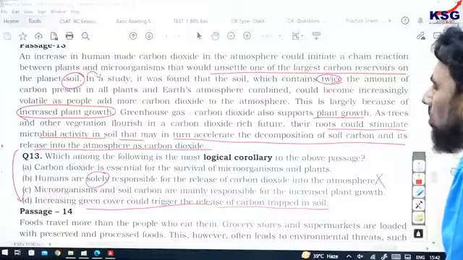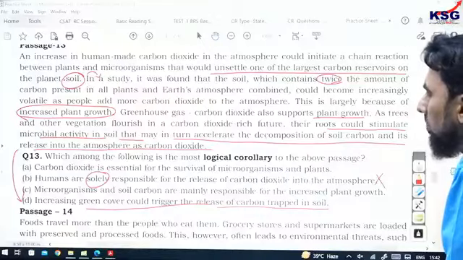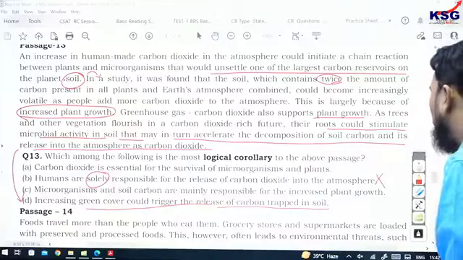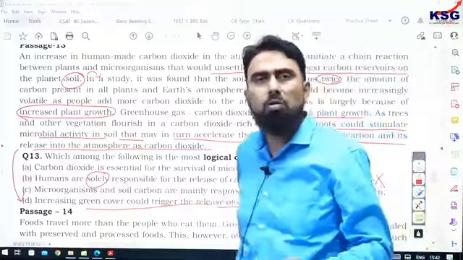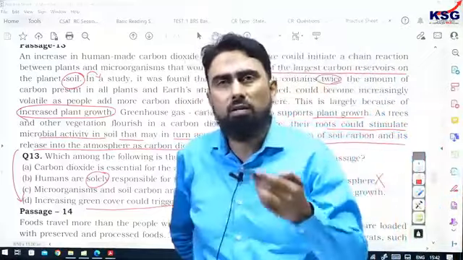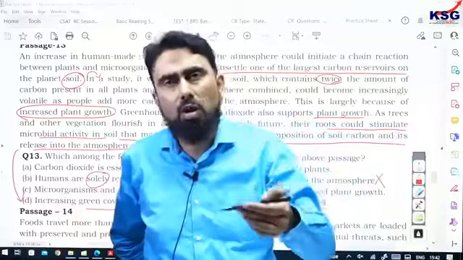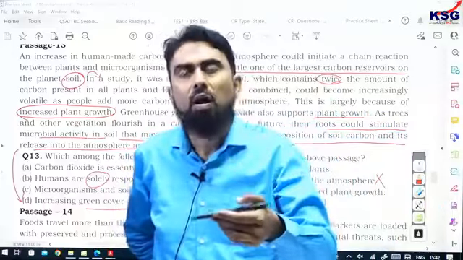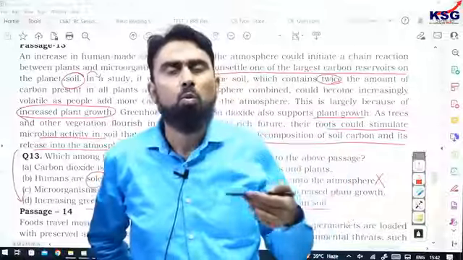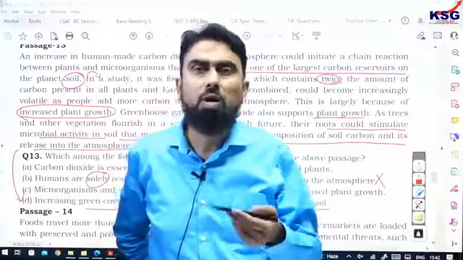The main theory is not about this. Microorganisms and soil carbon are mainly responsible for the increased plant growth. Actually, they want to convey here about the soil. So author's main idea is that the carbon trapped in the soil is a very potent threat, and its correlation with the plants.